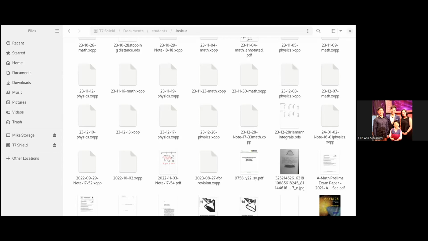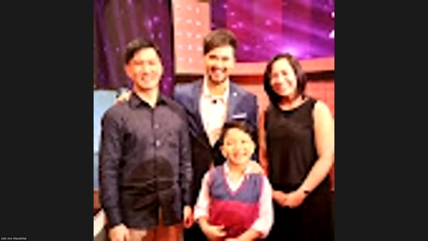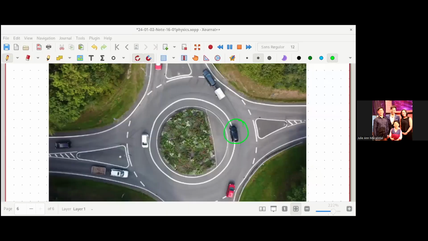Okay, so ito yung picture ng roundabout. Ngayon, tingnan mo yung car na to. Hindi pa nakasya. Sige. Share ko ulit. Okay, kita ba? Ito.